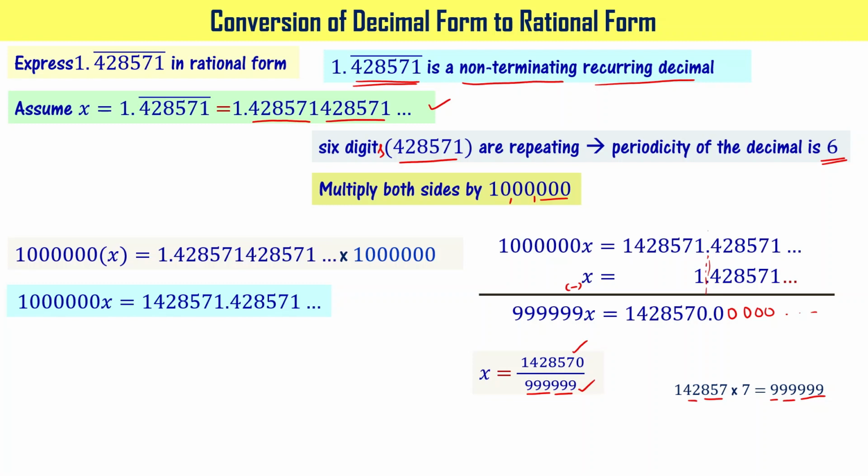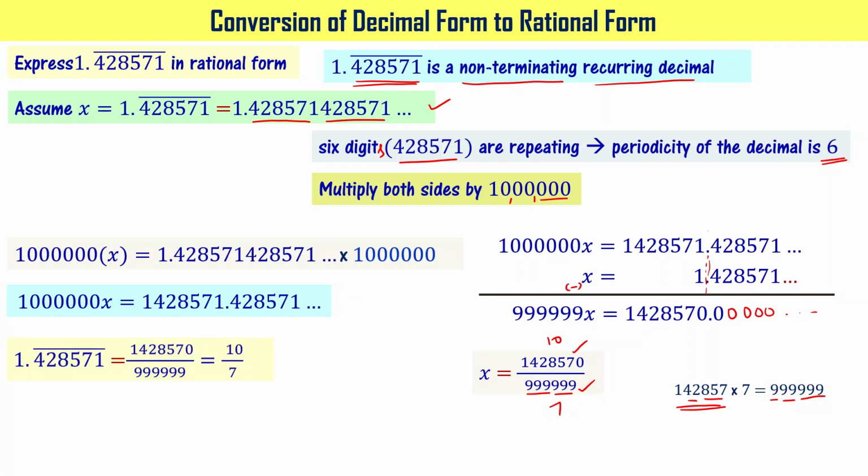It means if I divide both the sides with the number 1,42,857, the numerator becomes 10 and denominator becomes 7. Got it?